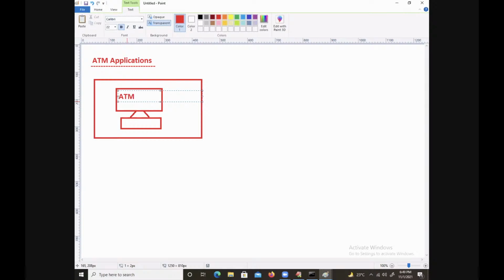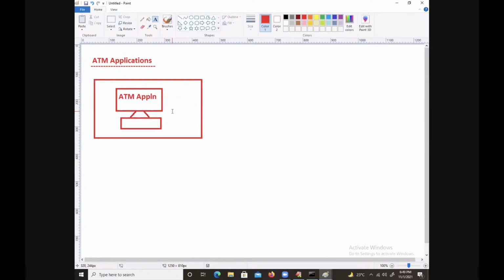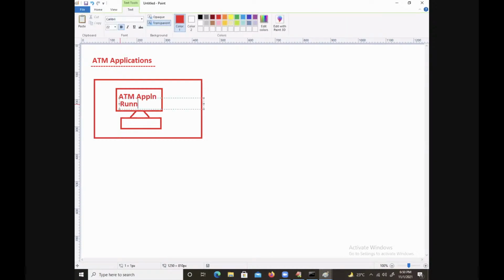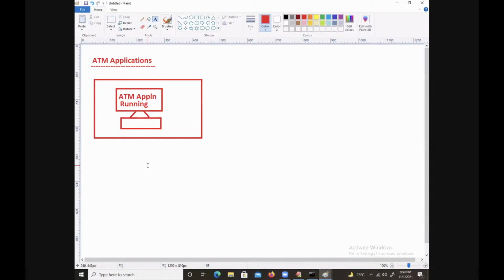The ATM application is ready, the application is running. Running means there were no compile time errors, no syntax errors, no logical errors, everything is running perfectly. Right? The end user entered.